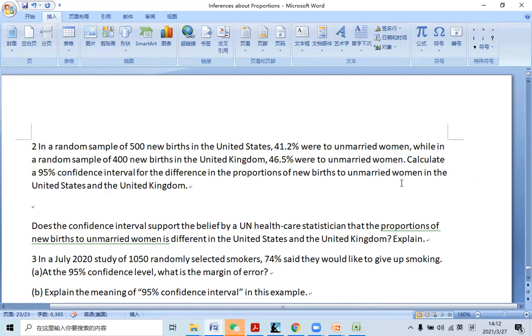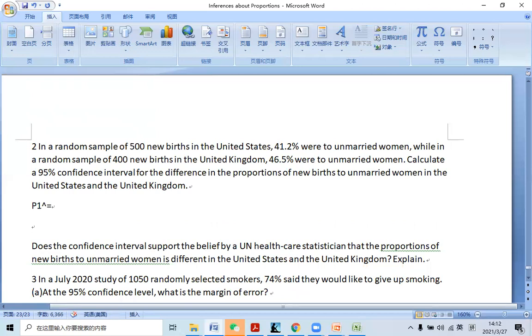Let's see, United States. So here we have two proportions. Proportion 1 is going to be estimated. Proportion 2, I'm using the little hat because I'm trying to estimate.